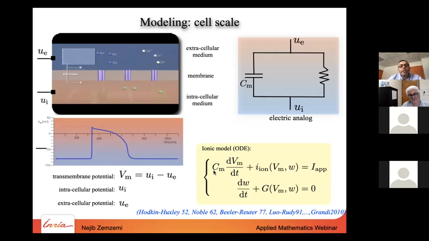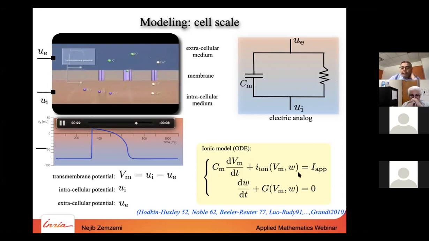From the other side, since you have a migration of ions between intra and extracellular, you have what we call the ionic current, which could be modeled in an electrical analog as a resistance. And this way, you can write the electrical balance on the membrane, and you get this equation.